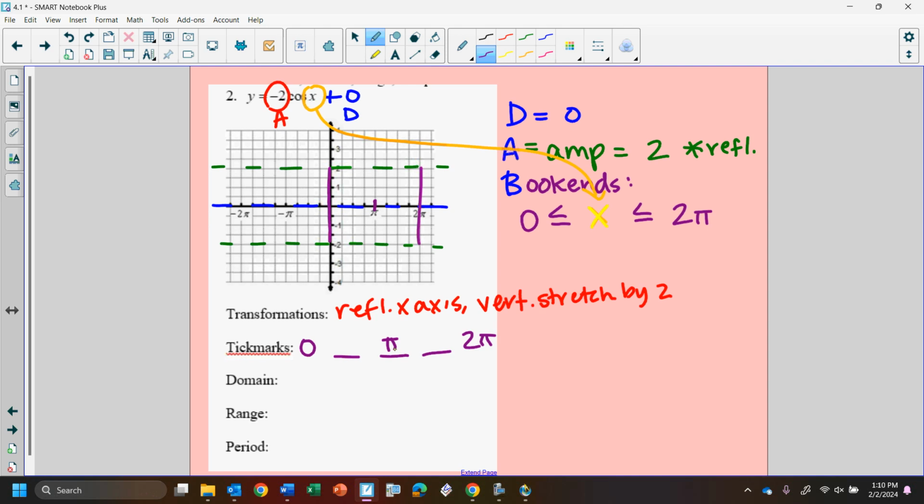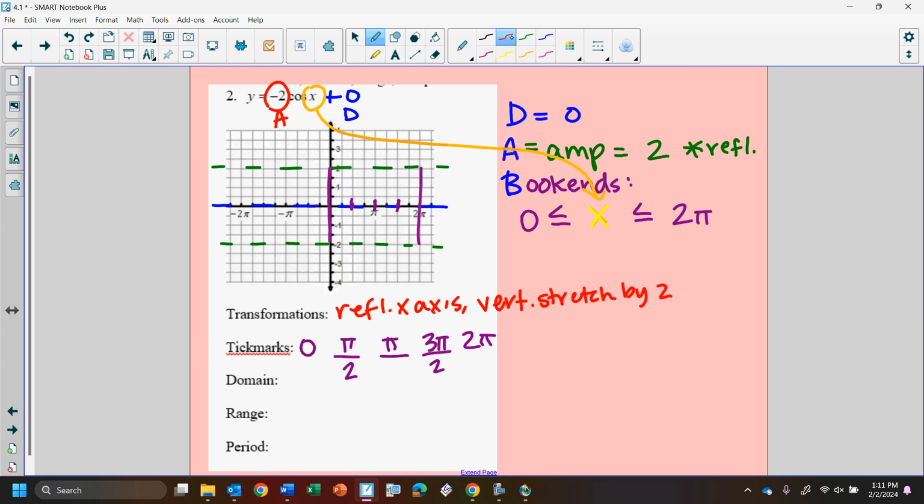Pi over 2. And last one between pi and 2 pi? 3 pi over 2. 1.5. 3 over 2. Those tick marks are going to be identical in all your homework problems too. Cool? This guy going much faster than the last one already, isn't it? Yeah. All right. Good habits.